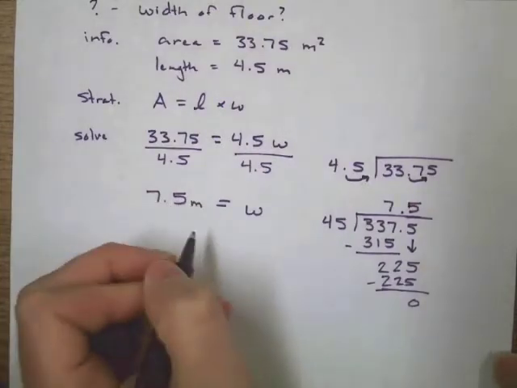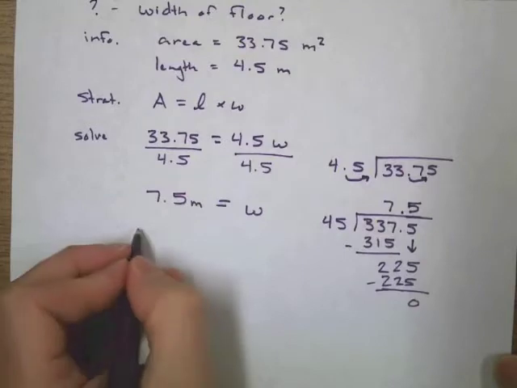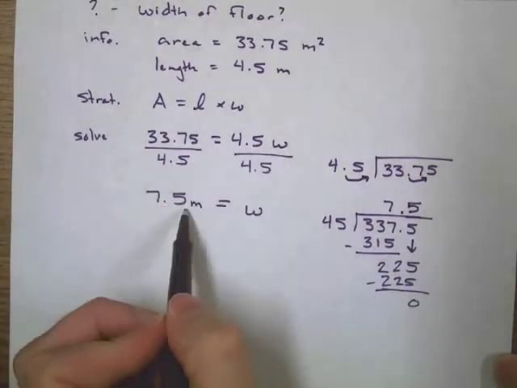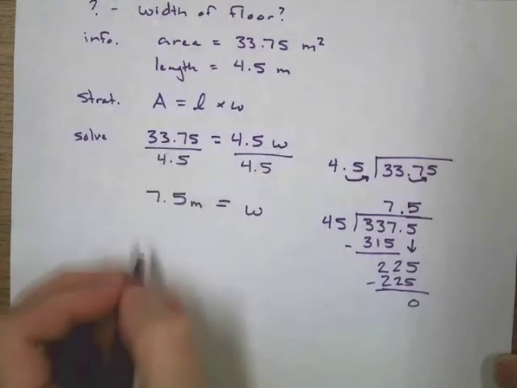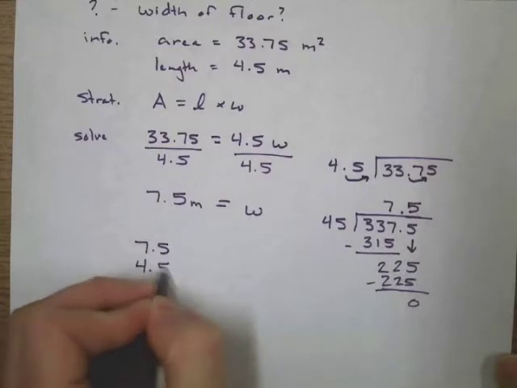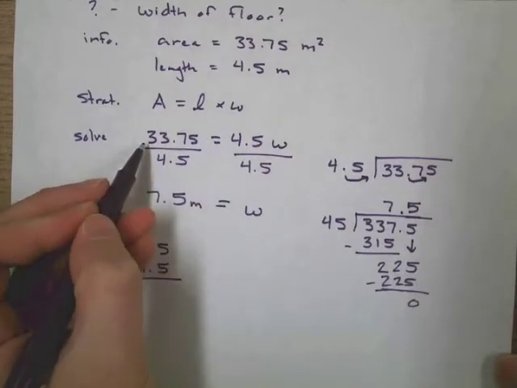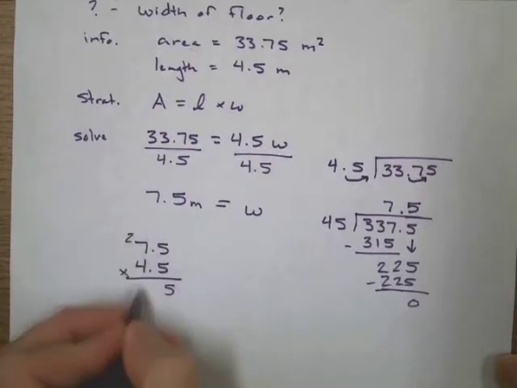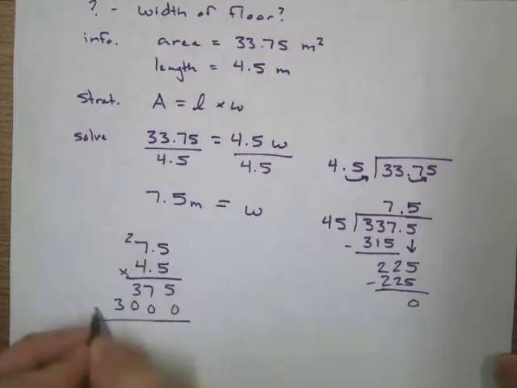Let's double check though. If this is true, then I should be able to say 4 and 5/10 times 7 and 5/10 should give me 33 and 7/500. So 7 and 5/10 times 4 and 5/10 should give me what I started with as my area. 25, 35, 20, 20, 30, 5, 7, 3, 3.